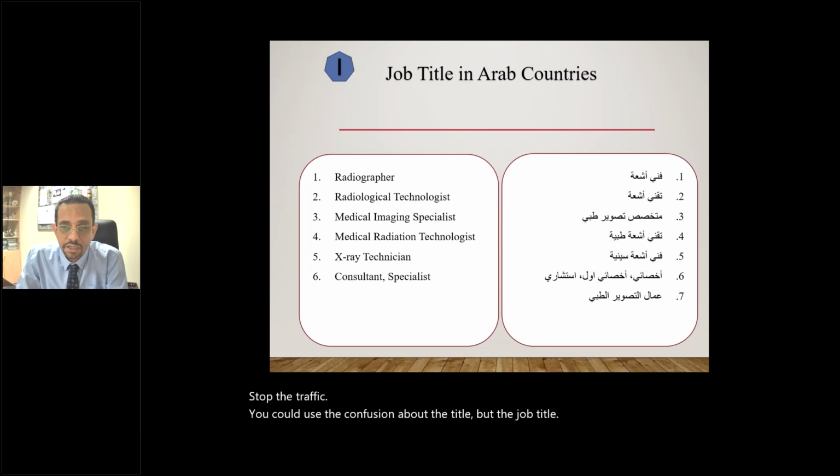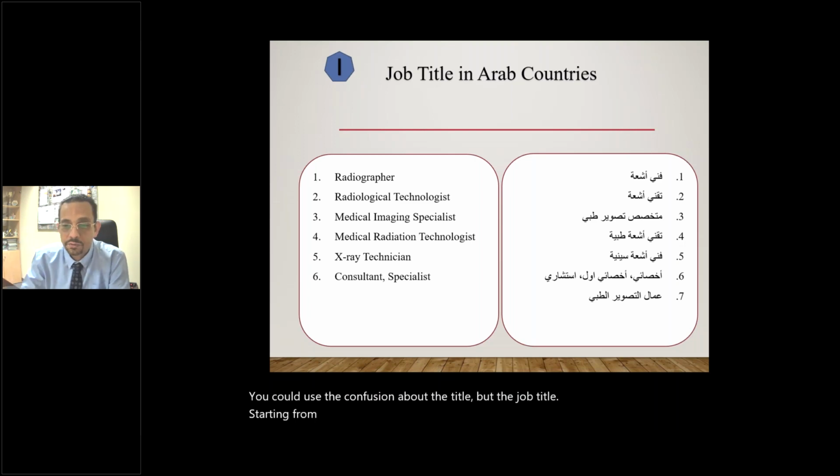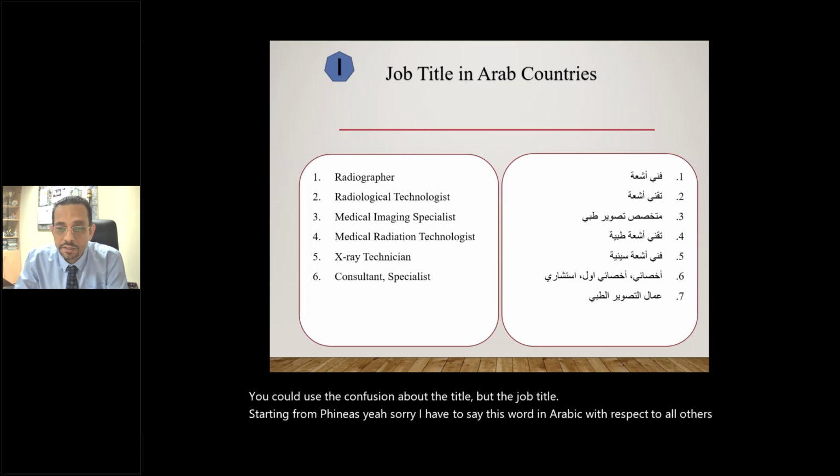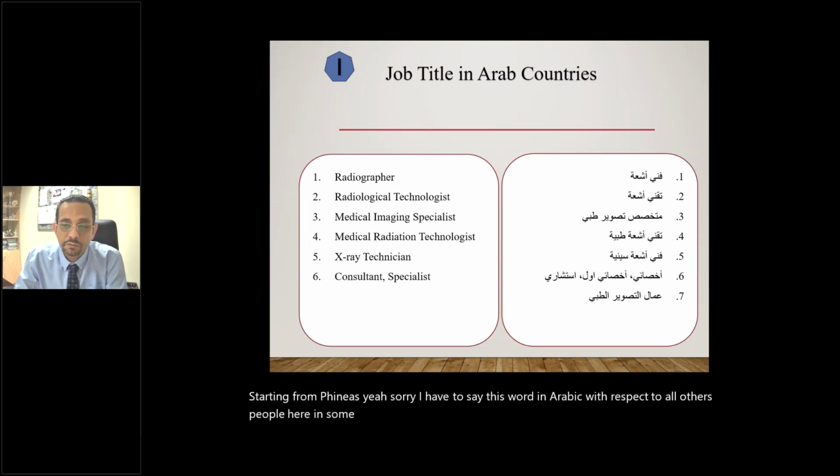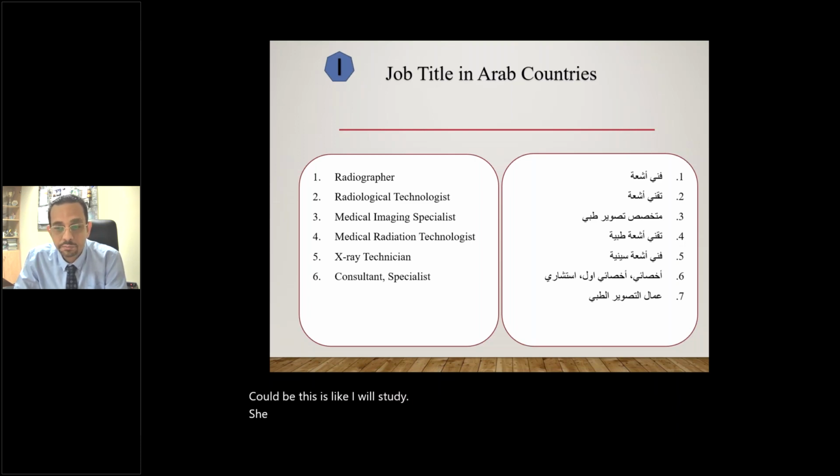Starting from فني أشعة, تقني أشعة. Sorry, I have to say this word in Arabic, with respect to all other people here. In some countries, تقني أشعة أو فني أشعة سينية أو طبية، متخصص تصوير طبي، اخصائي اول، اخصائي اشعه، اختصاصي اشعه، استشاري تصوير طبي.